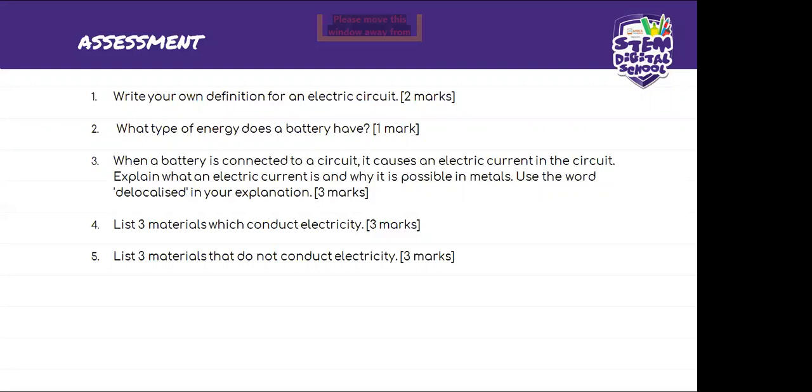Let's go to question 3. Question 3 says, when a battery is connected to a circuit, it causes an electrical current in the circuit. Explain what an electric current is and why it is possible in metals. Use the word delocalize in your explanation.